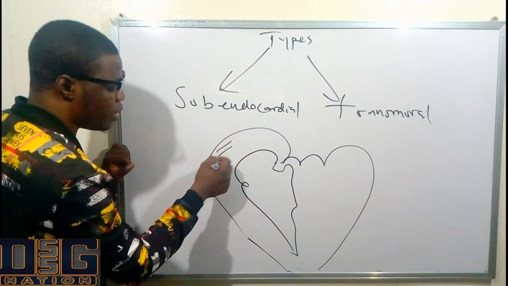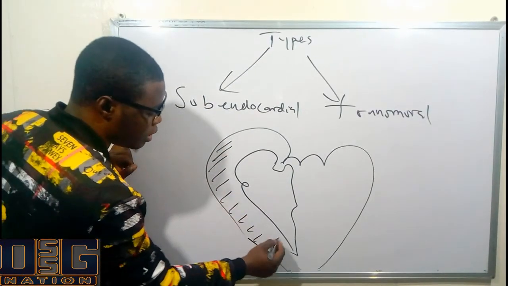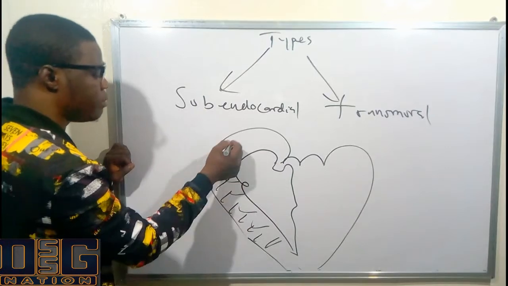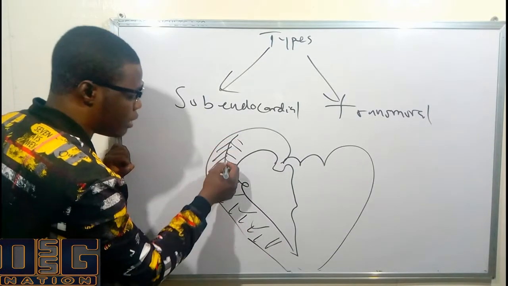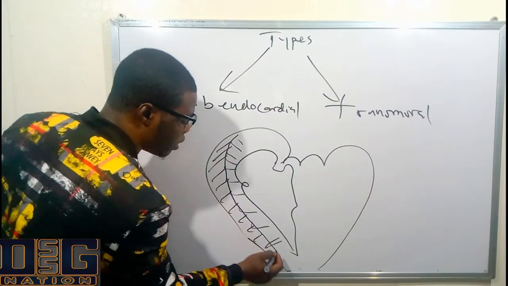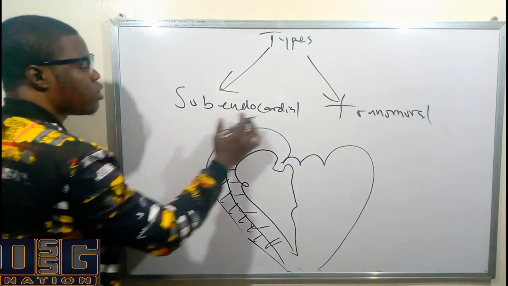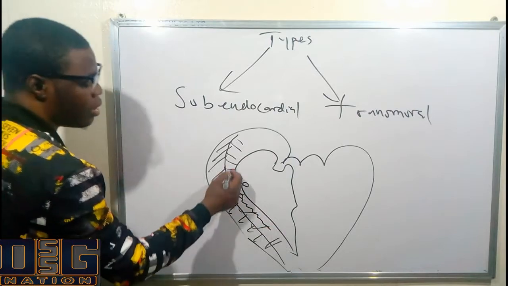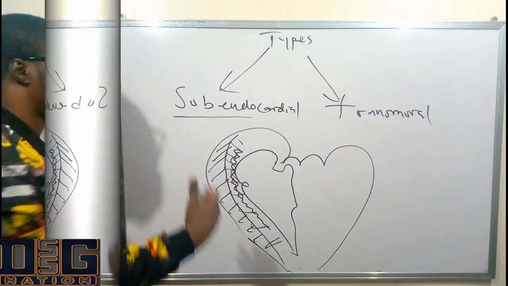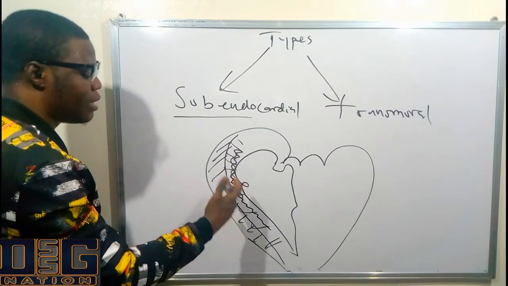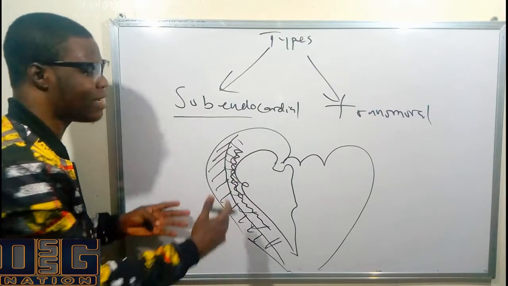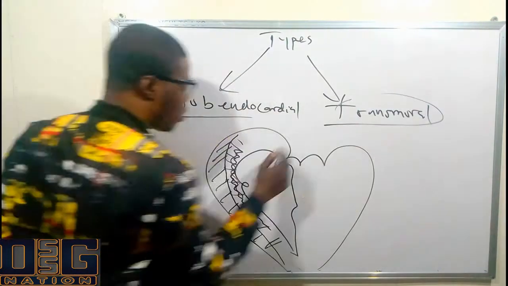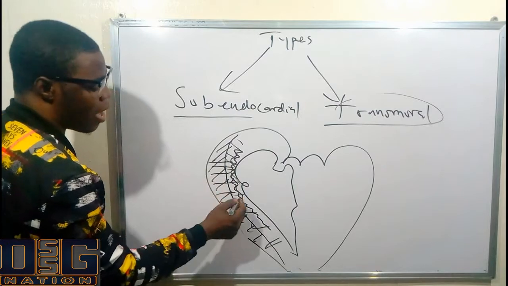So here are the muscle layers now. The muscle cells. Now, I'm dividing this just into two. Now, in subendocardial, just the innermost muscle layer is affected. But for transmural, all the layers are affected.